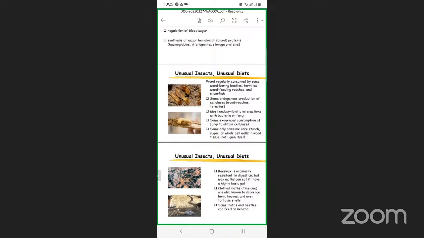Insects are also able to absorb in a disaccharide form. Proteins are absorbed as amino acids after hydrolysis, and these amino acids are also reabsorbed in the hindgut.